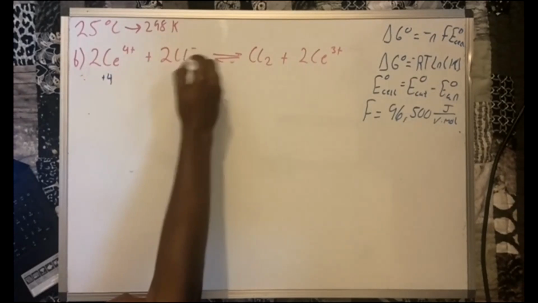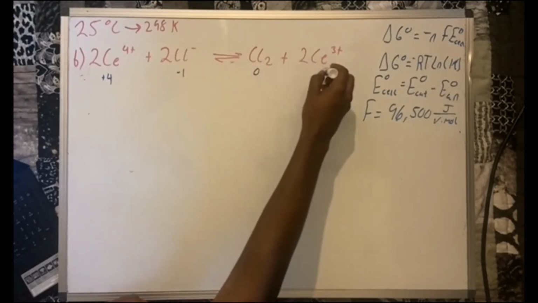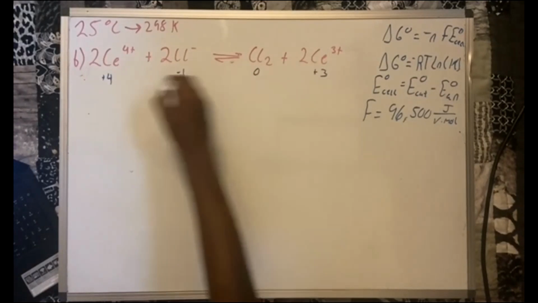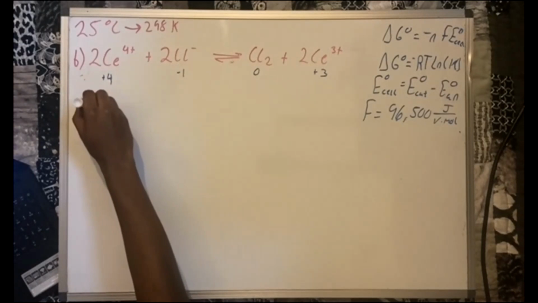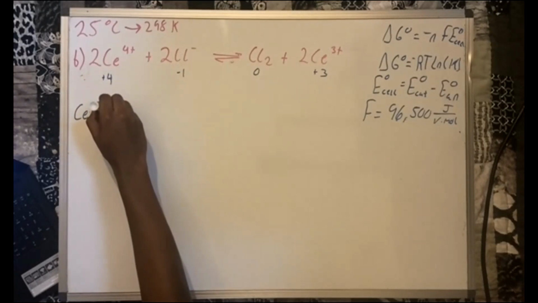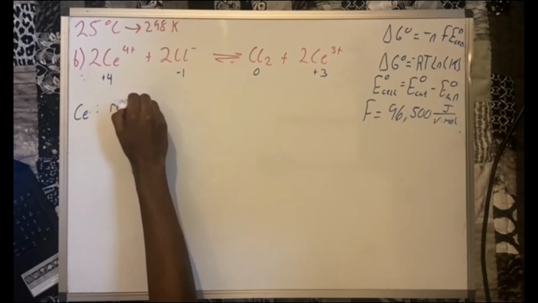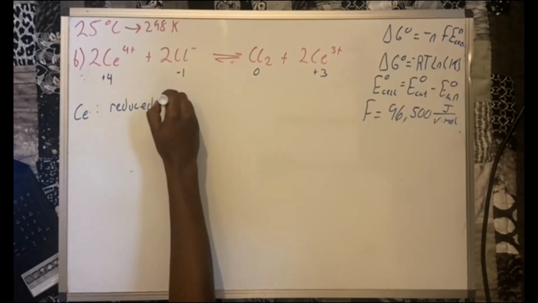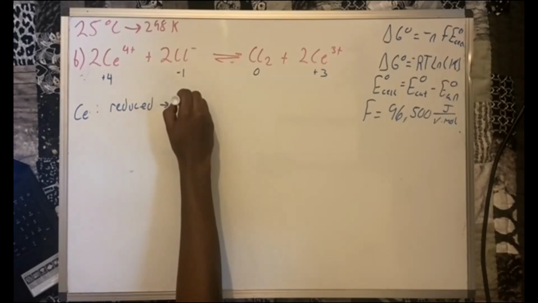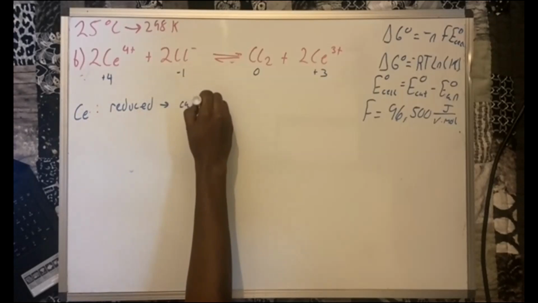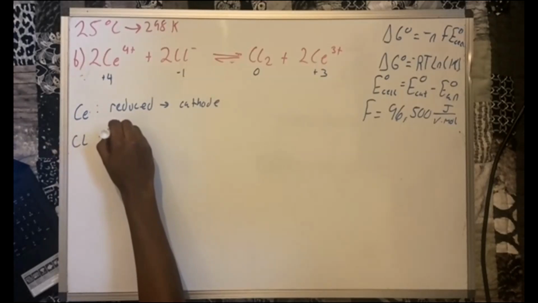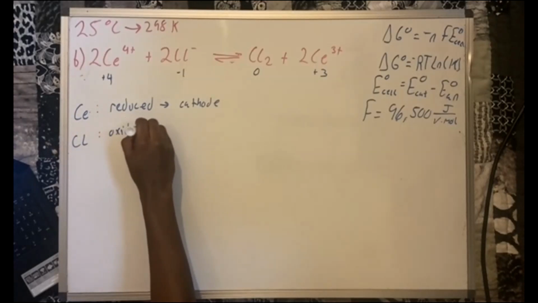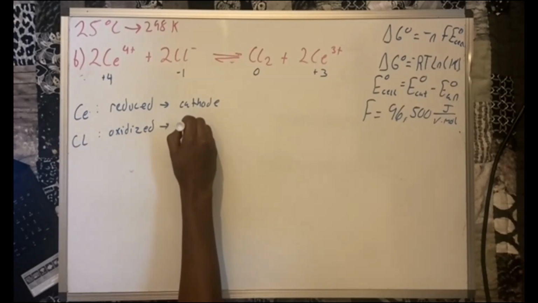This one's -1 to 0. Ce is reduced, so it's the cathode, and Cl is oxidized, so it's the anode.